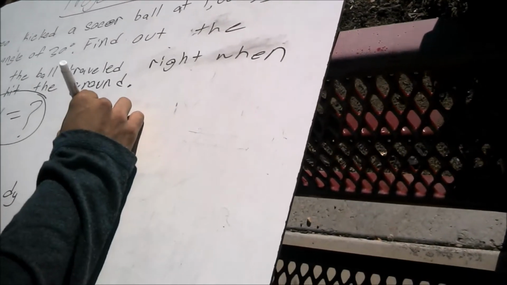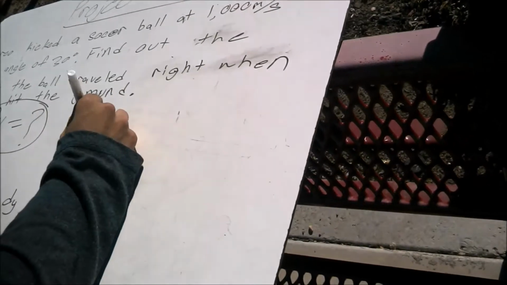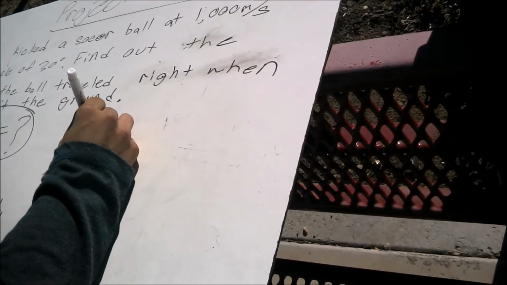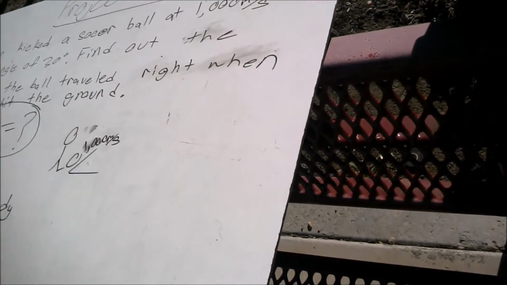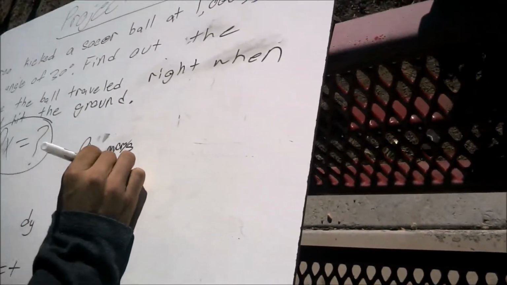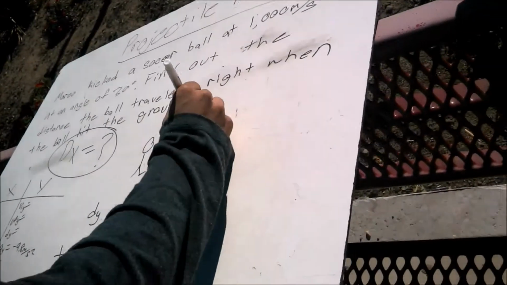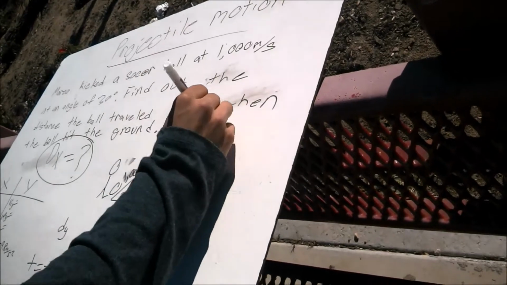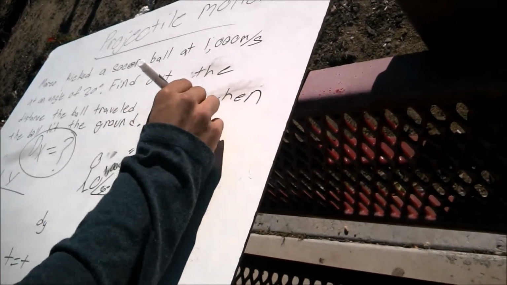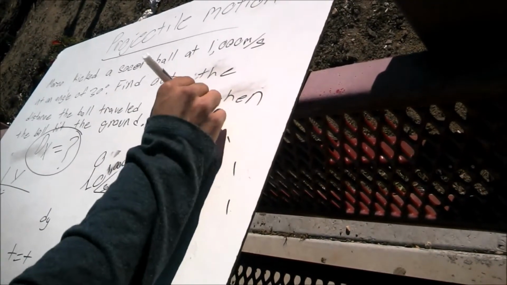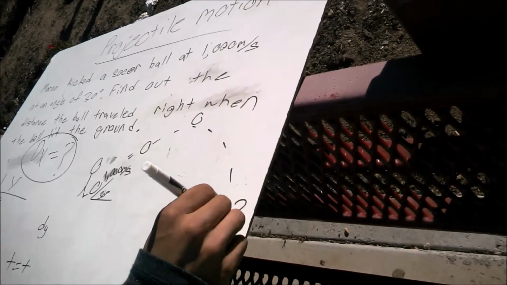So what we do is we draw a picture to find out all the possible given information. In this case, there's an angle of 30 degrees, which Marco kicks a ball at 1,000 meters per second, which is the magnitude.